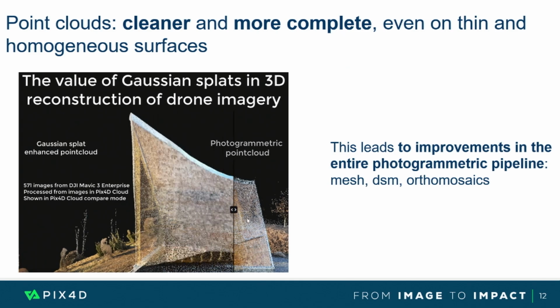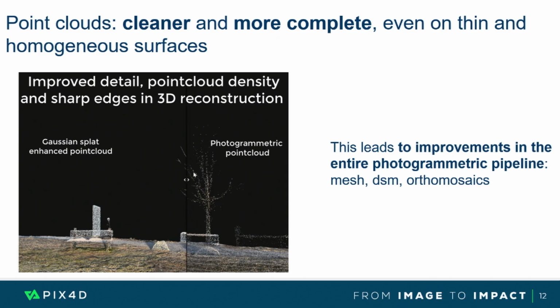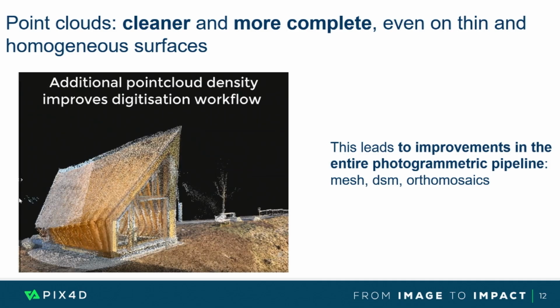And here is something that we see, which is a derivative of Gaussian splatting, and that's actually where Gaussian splatting and photogrammetry meet. You're used to point clouds in photogrammetry, but here the Gaussian splatting that we've seen before also results in a more accurate, more dense and cleaner point cloud.